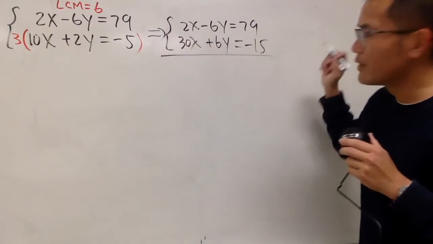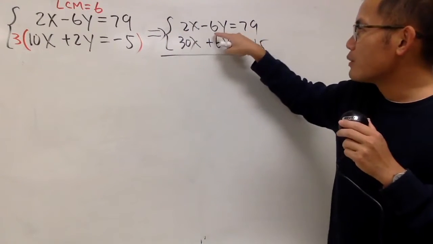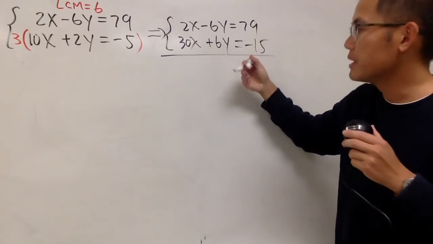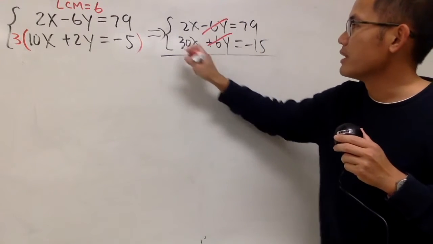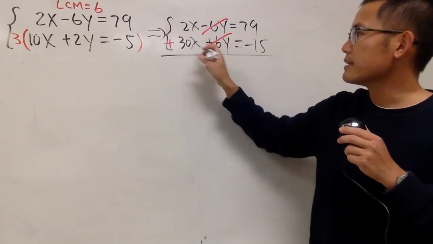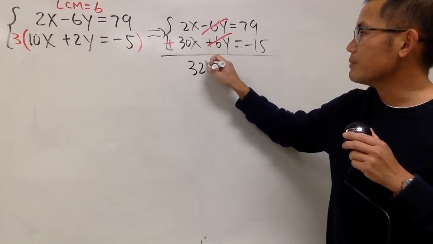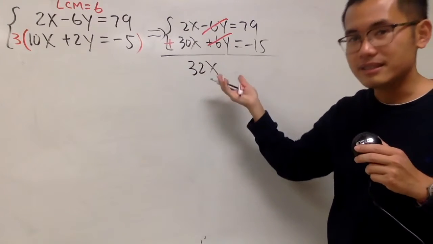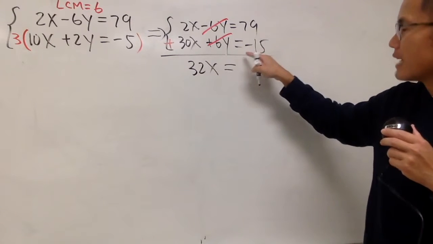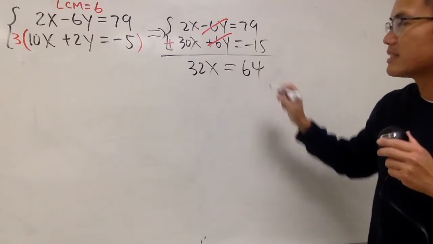Very good, because now you see we have negative 6y plus 6y. When we add the equations up, this and that will be cancelled, right? And again, let's just go ahead and add 2x plus 30x is 32x. And this is equal to 79 plus negative 15, that's positive 64.